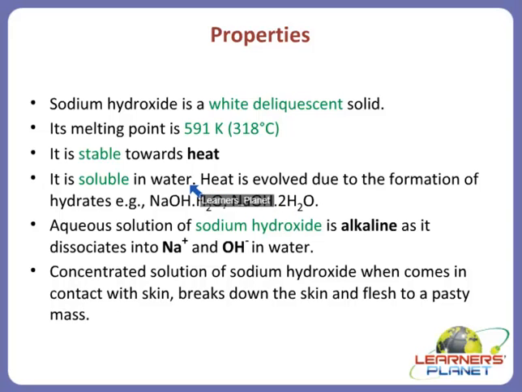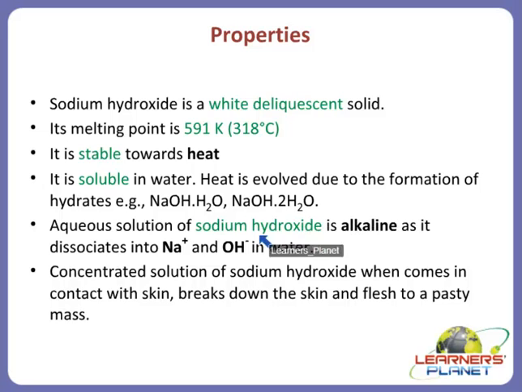It is soluble in water as well as heat is evolved. So children, here heat is evolved means what type of reaction it is? It is an exothermic reaction. Got my point? Now, as it is an exothermic reaction, why is this heat evolving? Because of the formation of NaOH.H2O and NaOH.2H2O. That is the hydrates.